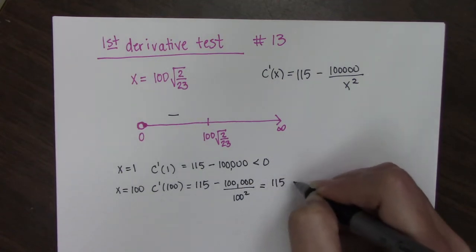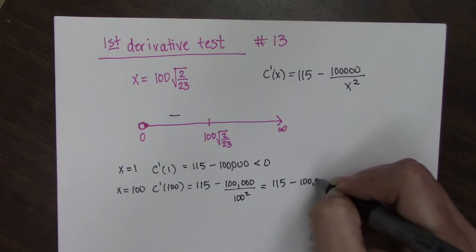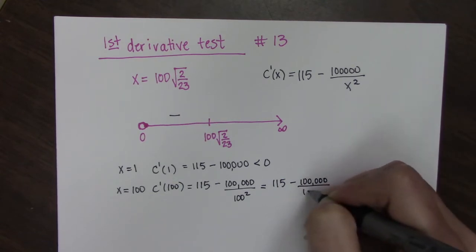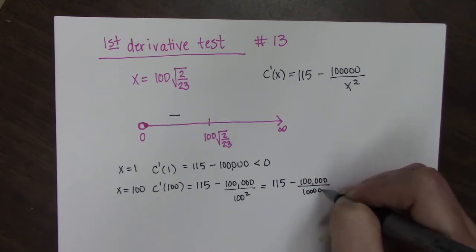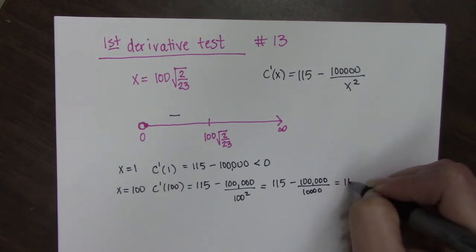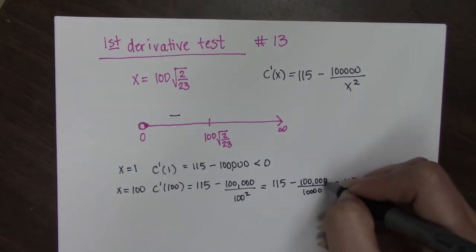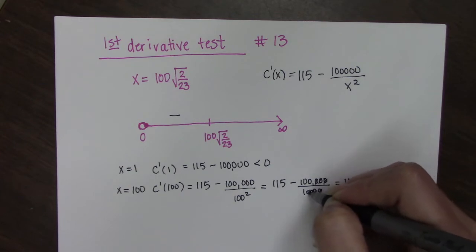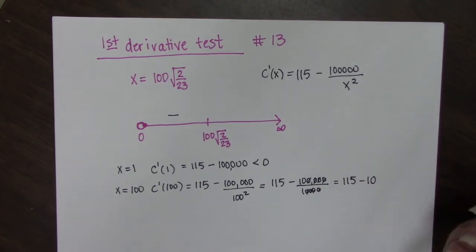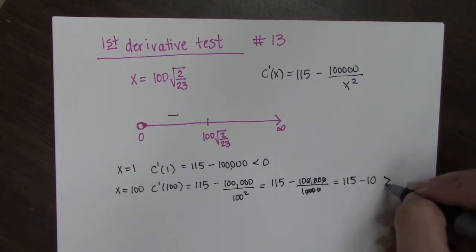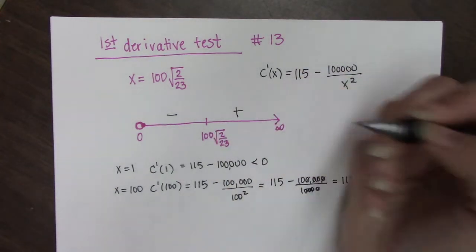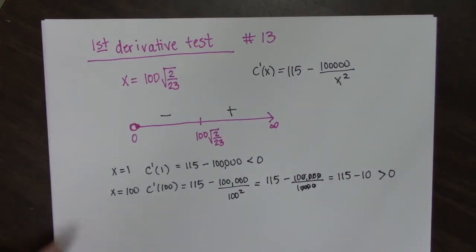So 115 minus 100,000 over 10,000. So this gives me 115 minus 100,000 divided by 10,000, which is 10. So we get a positive value, and so we know this is positive.